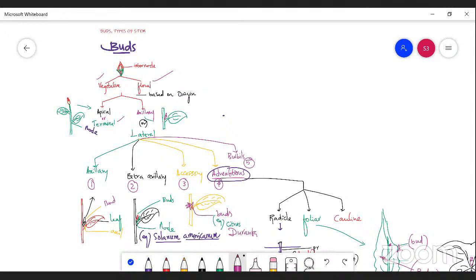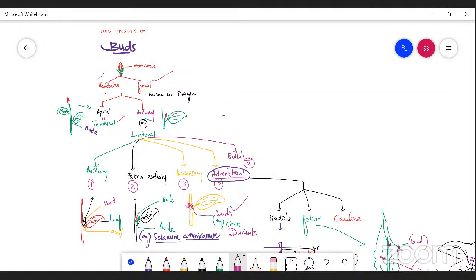Accessory buds are buds growing more than once around the nodal region. Many buds develop in the nodal region, but they grow around the stem all over the nodal part, as observed in citrus and Duranta.